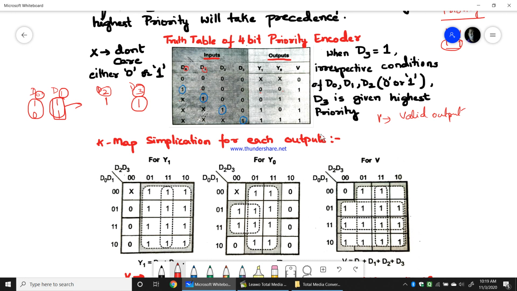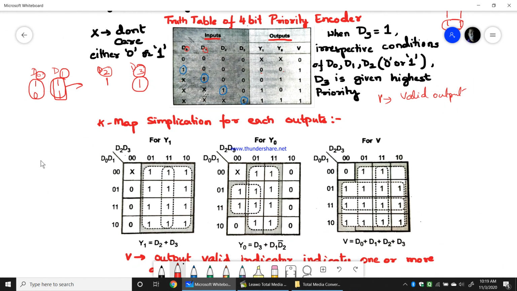Now coming to the K-map simplification for each of these outputs Y1, Y0 and V. So here 0 0 0 0, 1 0 0 0. Now this x that you have can have any value. So x 1 0 0 can be written as either 1 1 0 0 or 0 1 0 0, because this x will take two different values, 1 and 0.